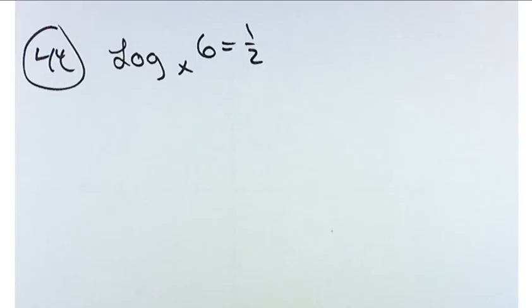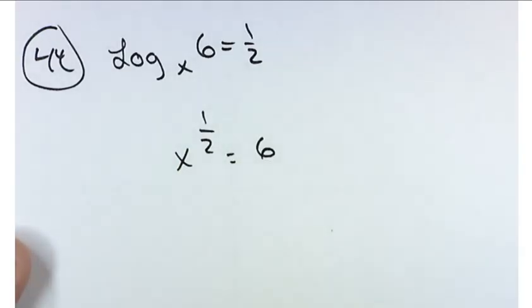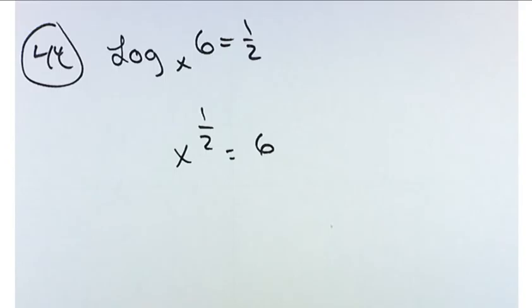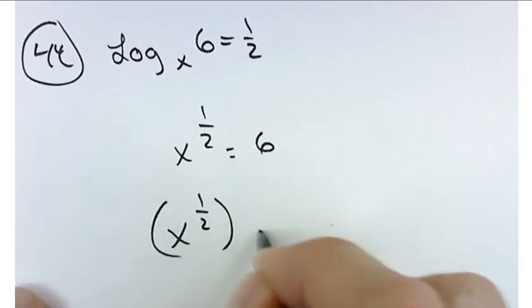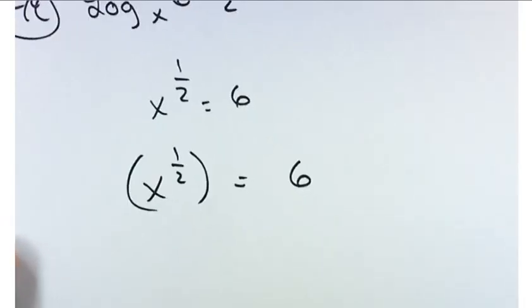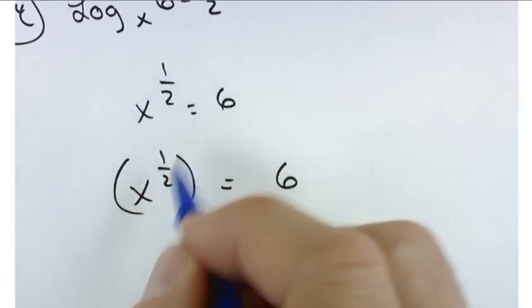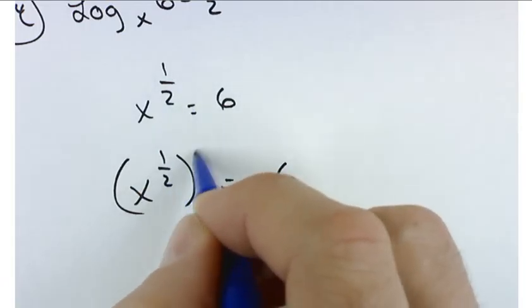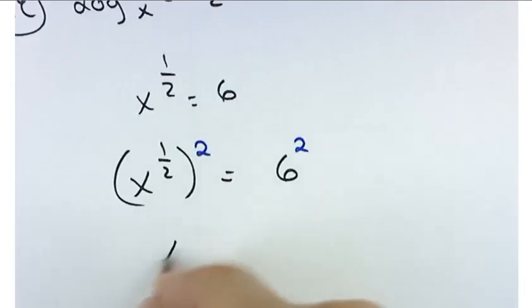Keegan, what would this look like if we rewrote it using exponents? X to the 1/2 equals 6. Now, to finish solving here, what do I need to do? Well, one way to look at it is to raise both sides to the reciprocal power here. I want to get x by itself, so if I square both sides, then I get x equals 36.